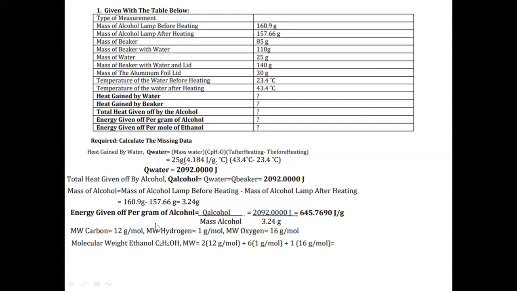These values are obtained from Google or the periodic table. Summing them up gives us the molecular weight of ethanol at 46 grams per mole.